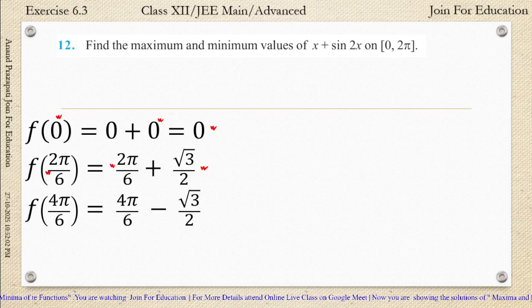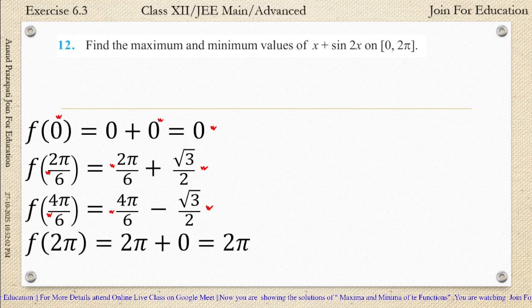And the value of the function when x equal to 4 pi by 6 is 4 pi by 6 and the value of sin of 2 into 4 pi by 6, which means 2 pi by 3, equal to minus root 3 by 2. Hope there is no problem understanding up to this step.